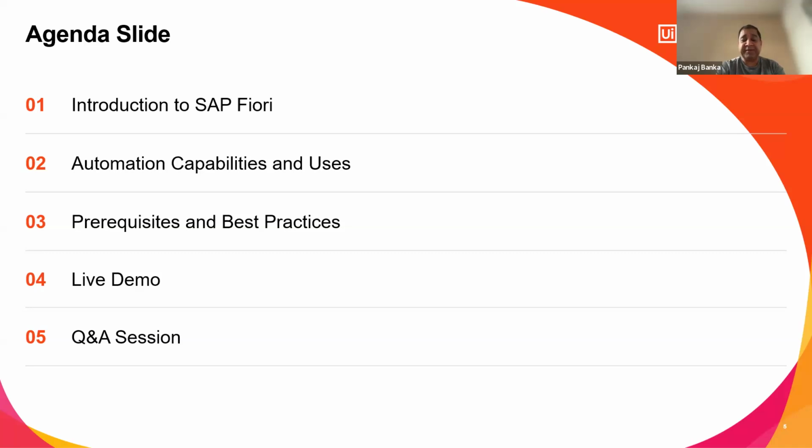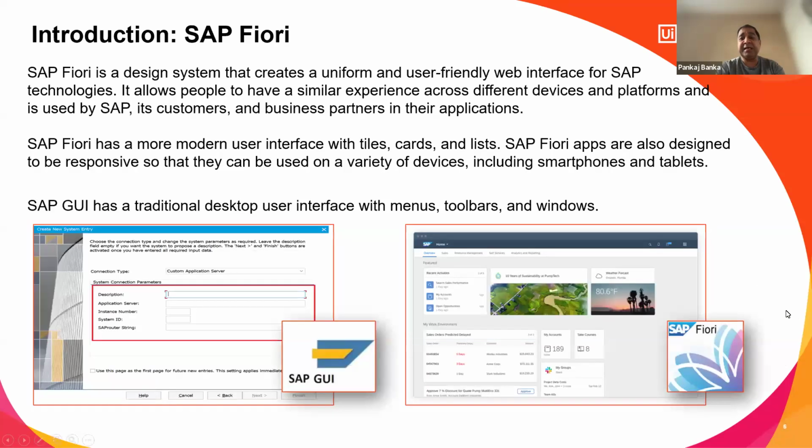Umesh will go over some live demos, and obviously there'll be a Q&A session as well at the end where you can type your questions in the chat or unmute yourself to ask those questions. Umesh, next slide. So with that, I'll hand it over to Umesh to take it from here.